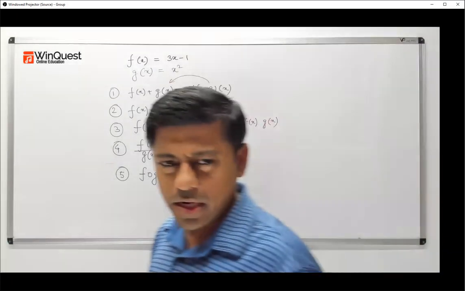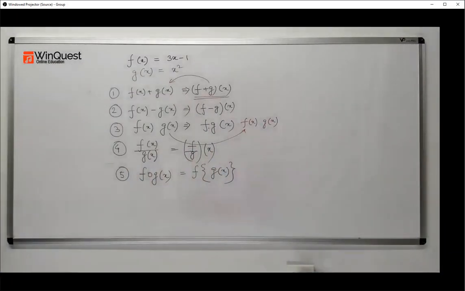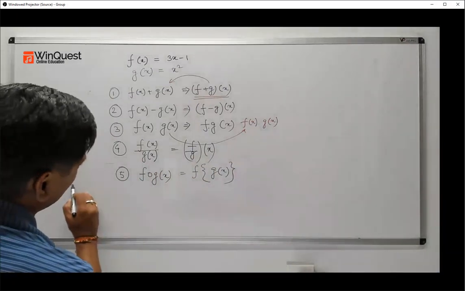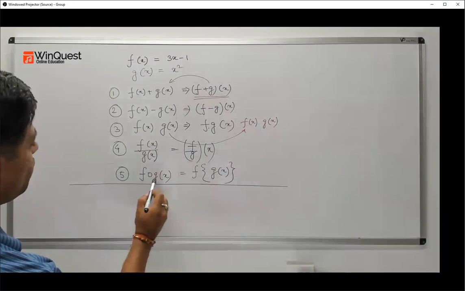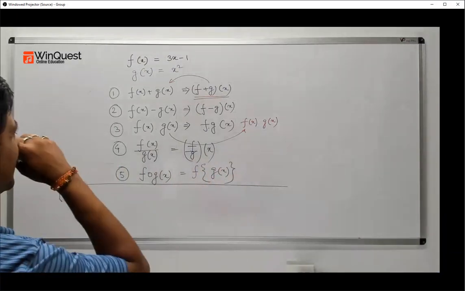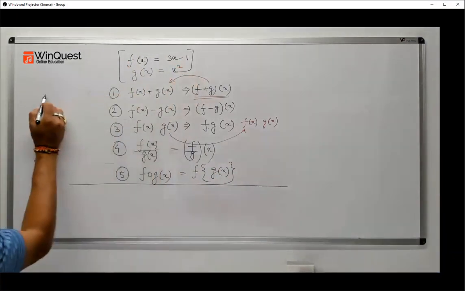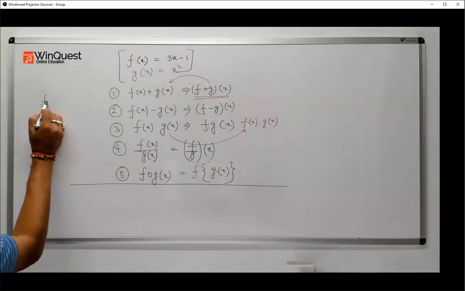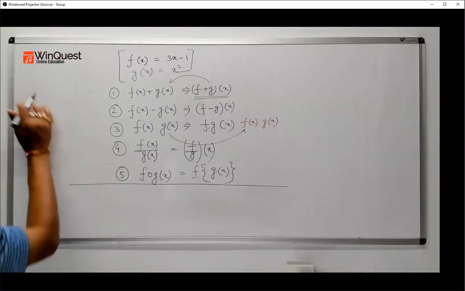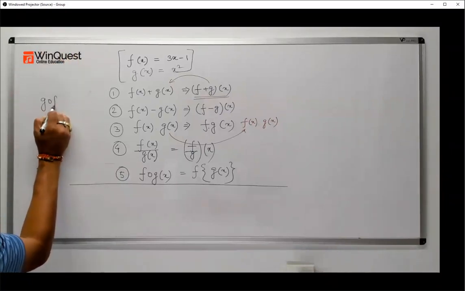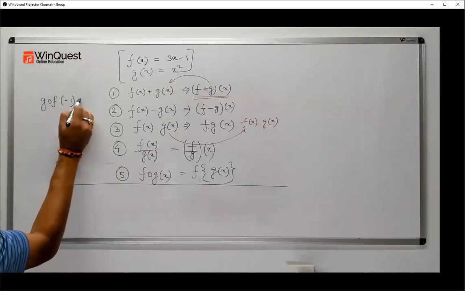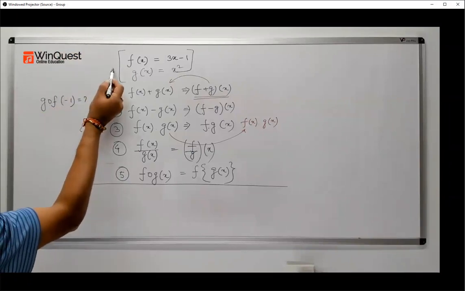Now we have got all of these ideas. Let's try to understand this in a better way, by solving some problems related to this. Now, f of g(x) is equal to this. If I give you this particular parameter at the top, and I ask you, what is g of f(-1) equal to? These inputs have been given.